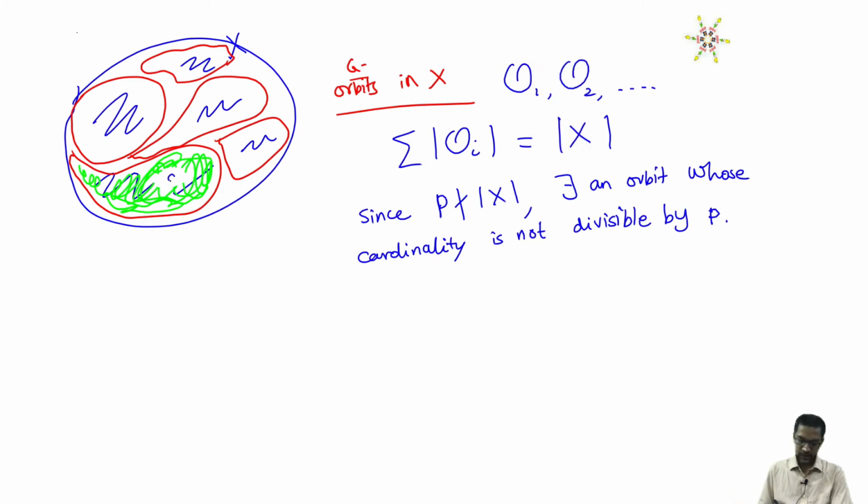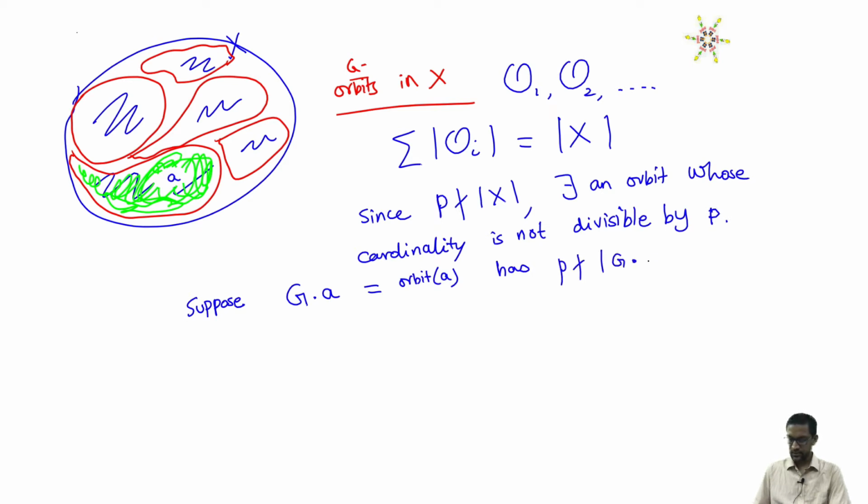Let me call that element A. So let A belong to that orbit. So suppose A is that guy. Suppose the orbit of A, remember this is the notation, G dot A just means the orbit of A, has the property that P doesn't divide the orbit cardinality.